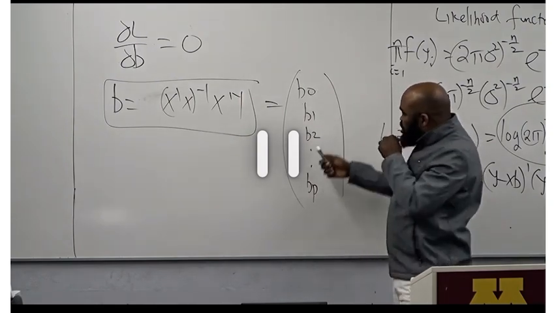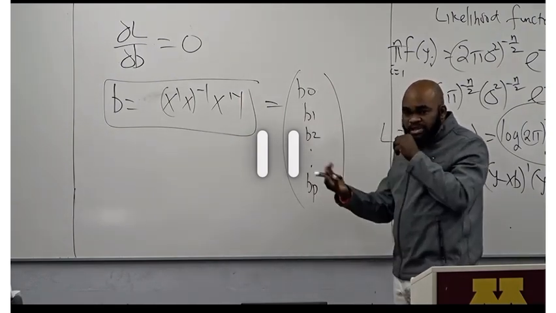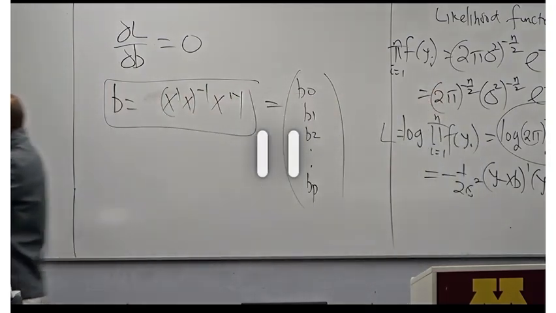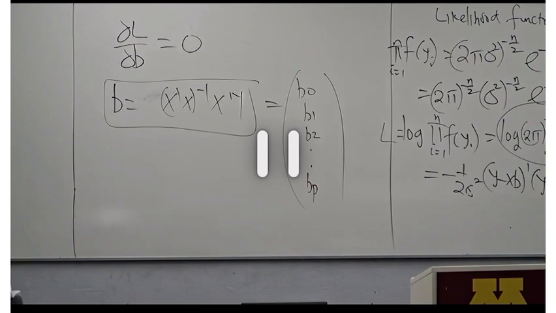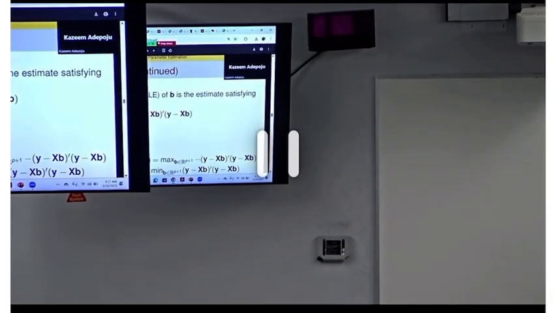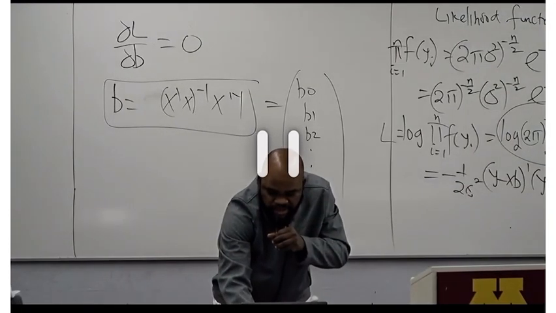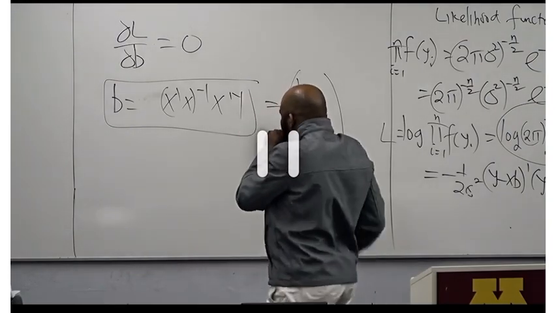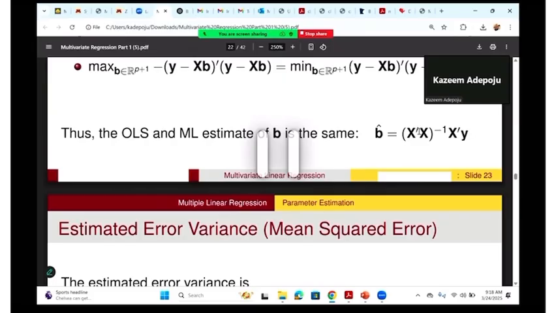Of course, we have b1 to bp, which is p, then plus 1. Like I said, the final result is this here, and you put a cap because it's an estimator.